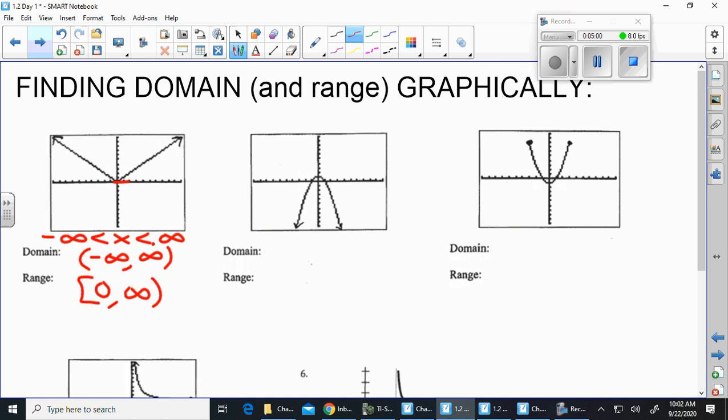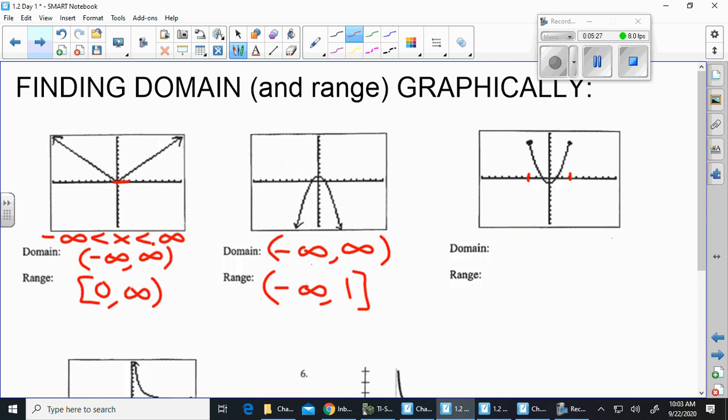Writing with interval notation. Domain here, all left x's, all right x's. But then range, low to high, it goes down to negative infinity, but it stops at 1. So that's getting used to writing those. Now this one, left to right, it stops.